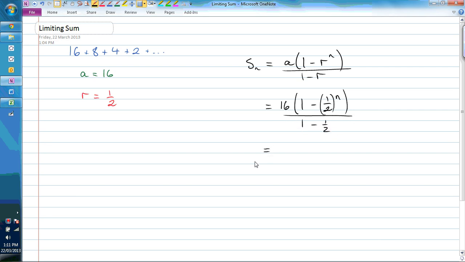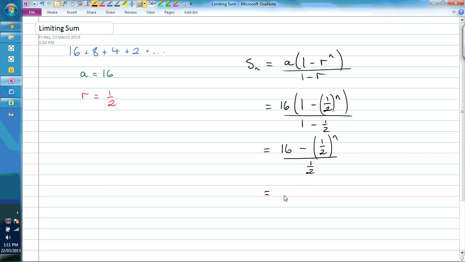Now I'll just tidy up as best I can. 16 times 1 is just 16. Minus, I'm going to have a half to the power of n, and this is going to be over 1/2. Now, what I can do here, I'm dividing by a fraction.